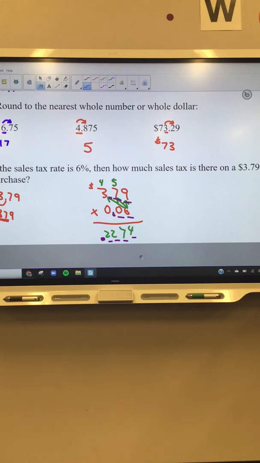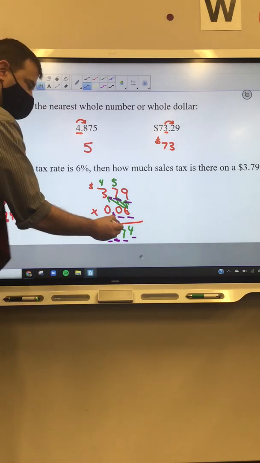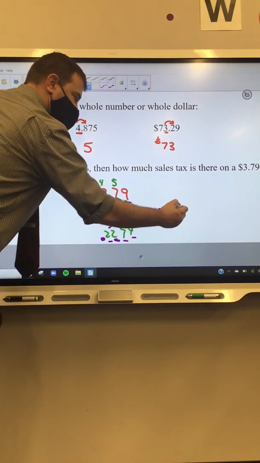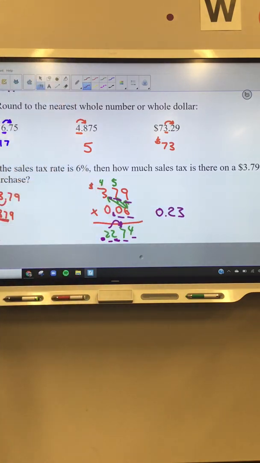Because I've got too many places. If I'm rounding it to my nearest cent, is it 22 cents or do I bump it up to 23 cents? Jenna? 23, because of this 7, right? So 23 cents is my sales tax on that.